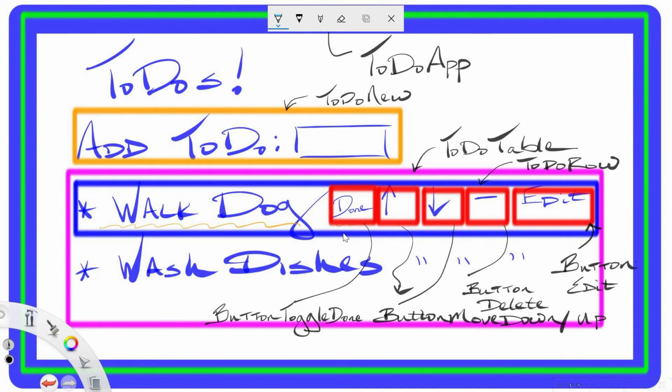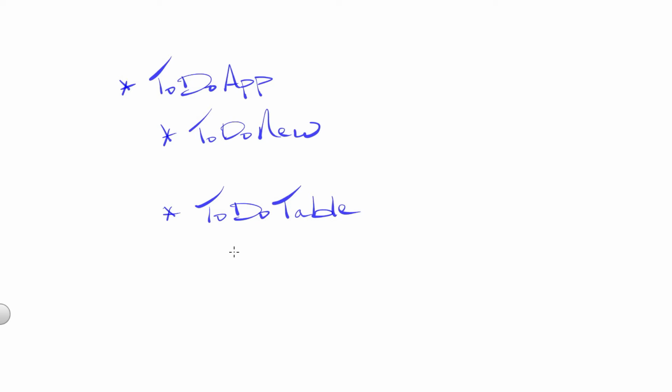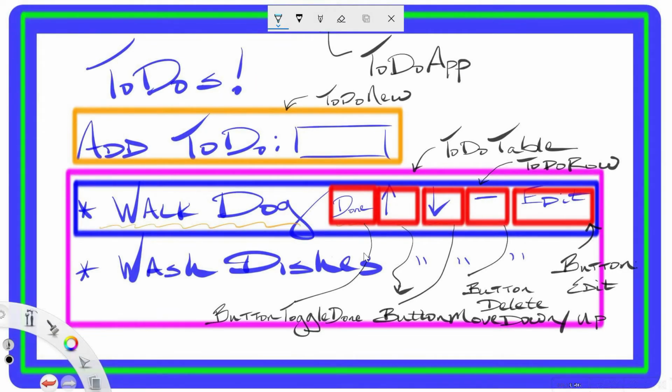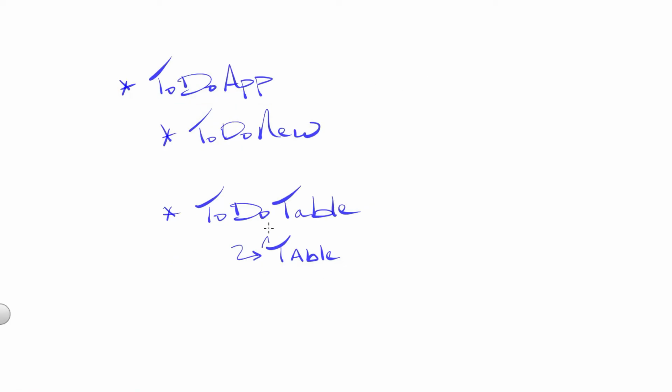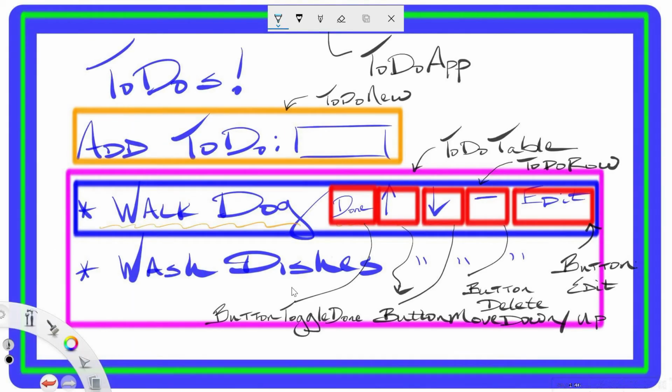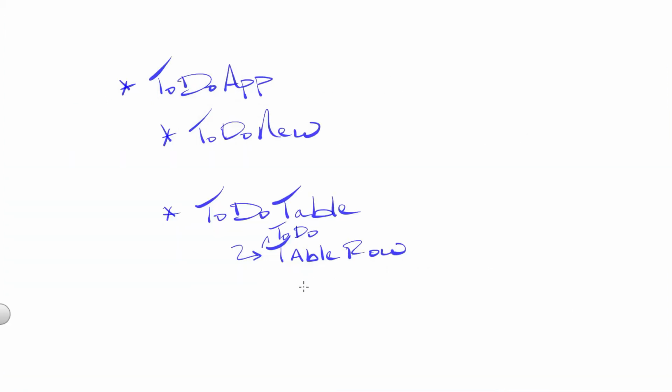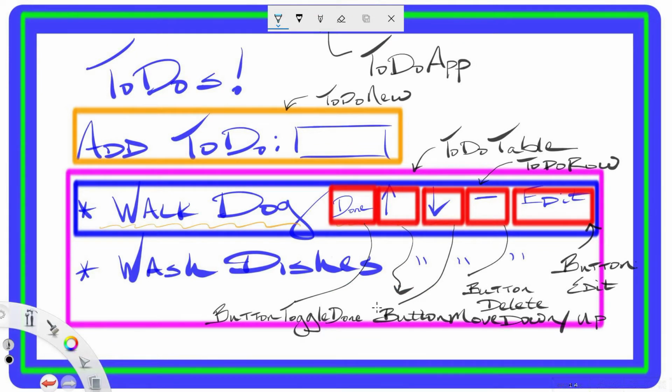All right. Within each table, we have a table row. So table is prefixed with the word ToDo, but we get the picture. Maybe I can do that. ToDo table row. And then within each table row, we have these buttons. Button, what is it? Toggle done.